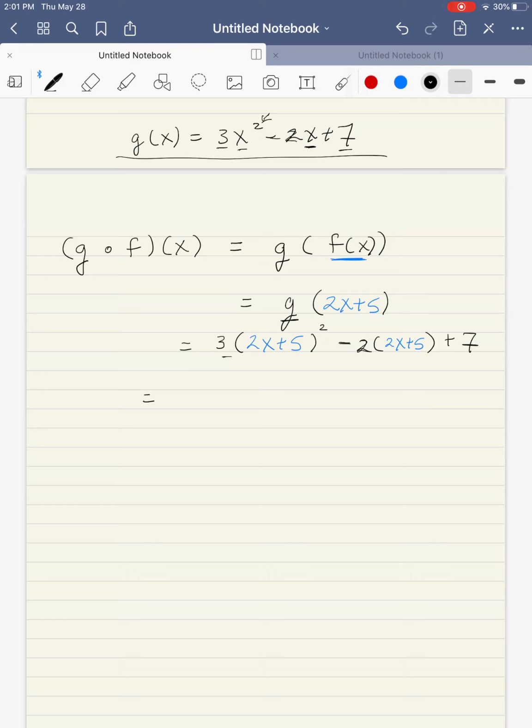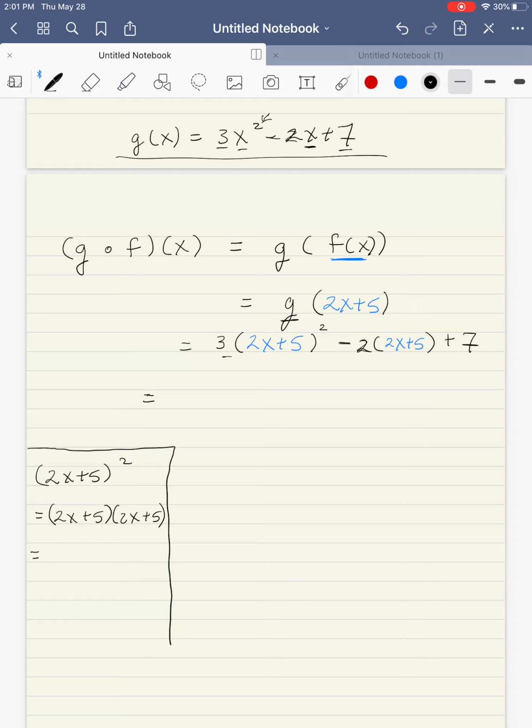All right, we know by function operations that we need to square the 2x plus 5 first. So I'm going to go out here in the margin, and I'm going to remember that 2x plus 5 all squared is the same thing as 2x plus 5 times 2x plus 5.